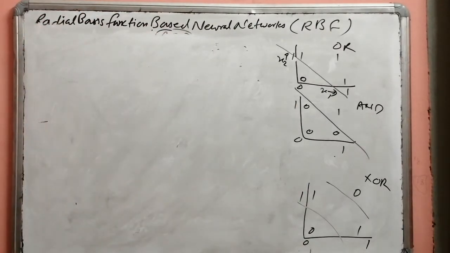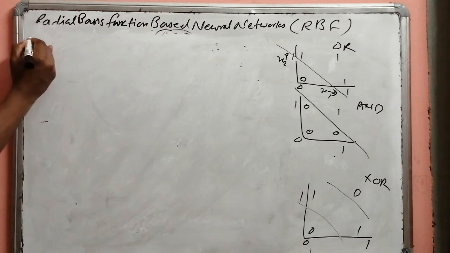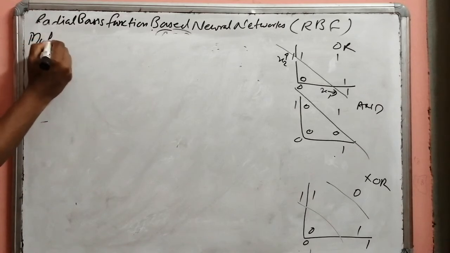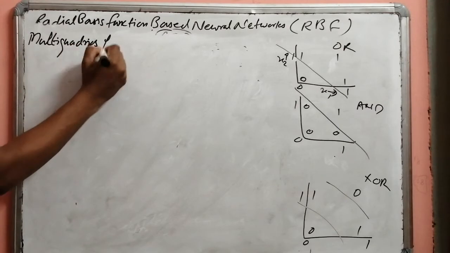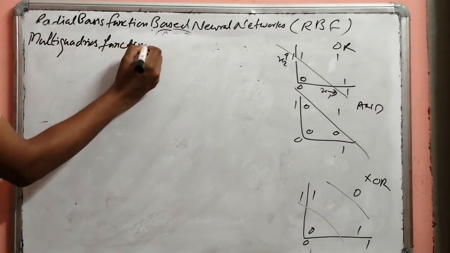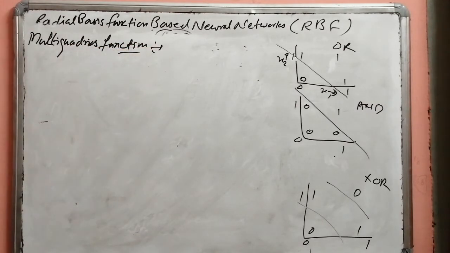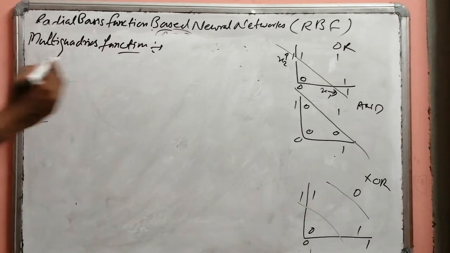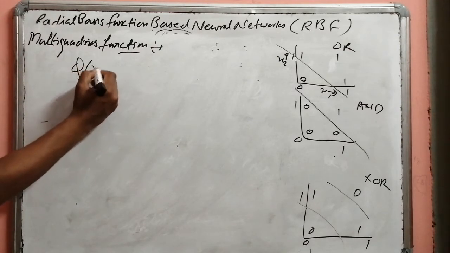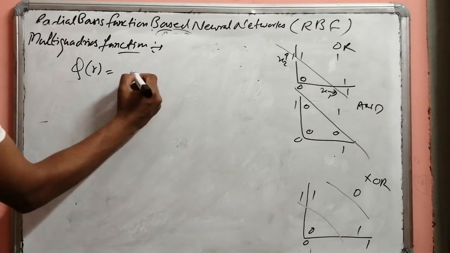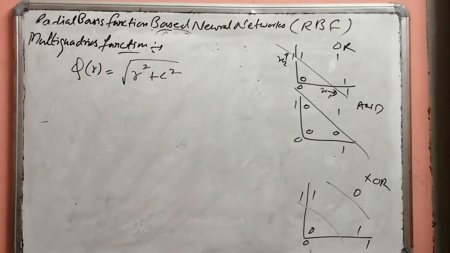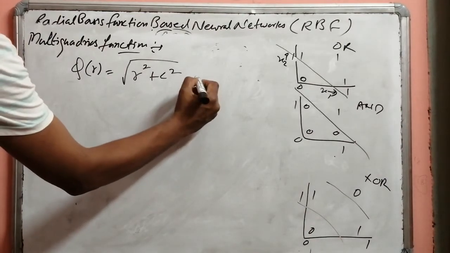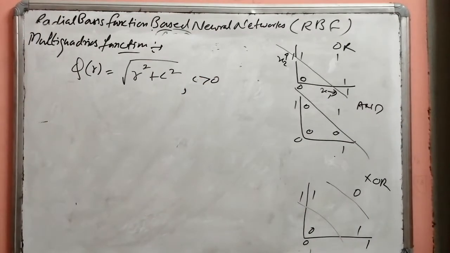Your first one is multi-quadratic function. Multi-quadrics radial function. It is represented using phi of r is equal to square root of r square plus c square, where c is a constant and is greater than 0.